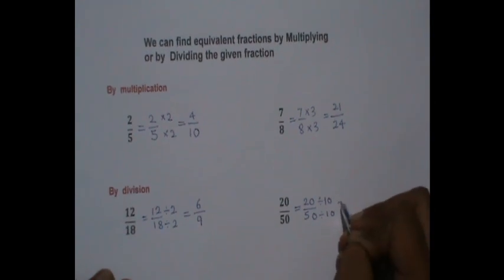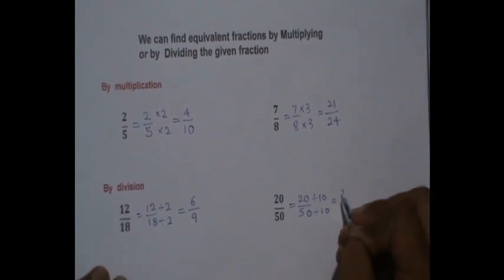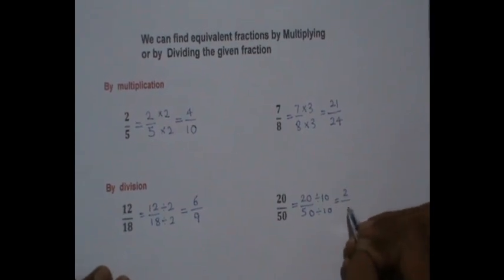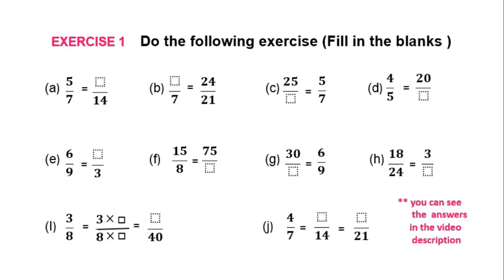You will get 20 divided by 10 is 2, and 50 divided by 10 is 5. Here you have a very simple exercise. Do that and complete, and you can also see the answers in the video description.